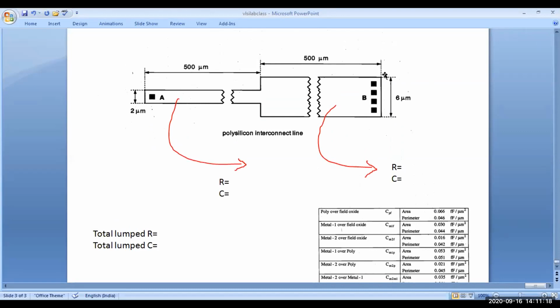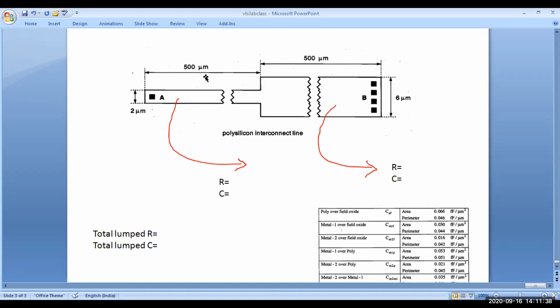So as Prachita showed you with a uniform width, that means she took a uniform width wire interconnect of length 1,000 micrometer. But now we are going to see the simulation of this with non-uniform width.